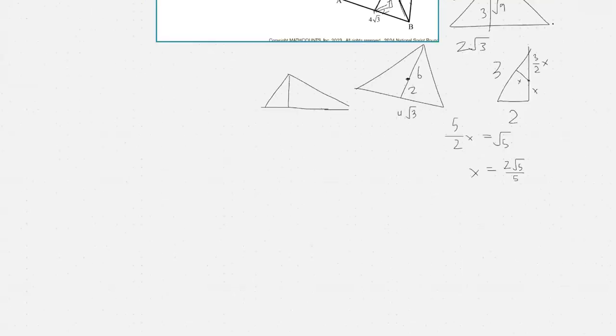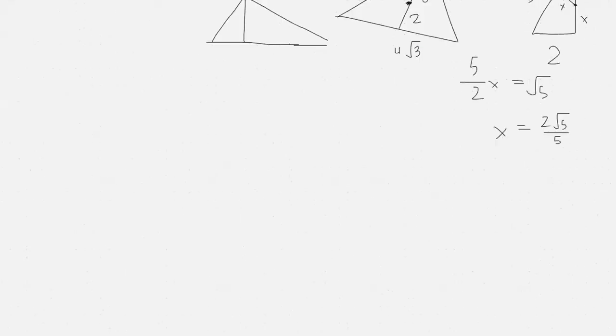Like for 2D triangles, the radius is the area over the semi-perimeter, and for 3D, like tetrahedrons, the inradius is 3 times the volume divided by the surface area.